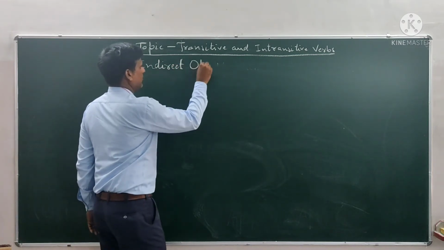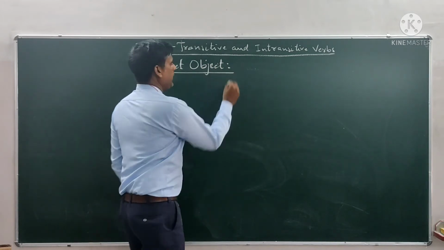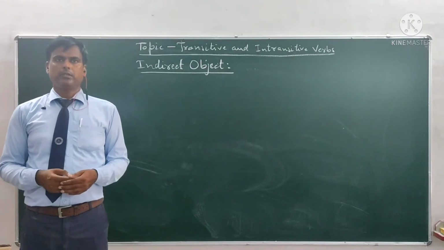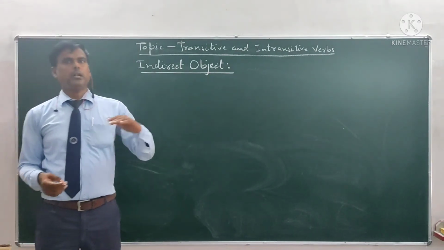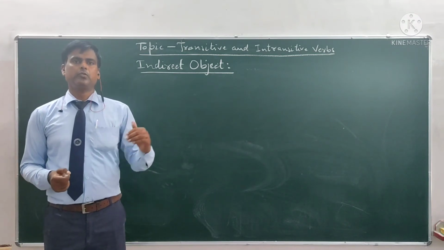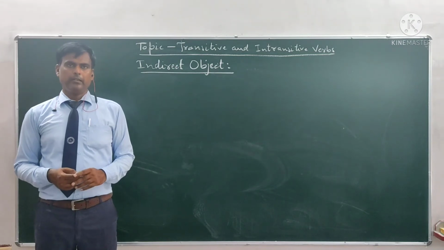Indirect object. Indirect objects are living beings. We can find out the indirect object by asking the question with the help of who or whom. Okay?